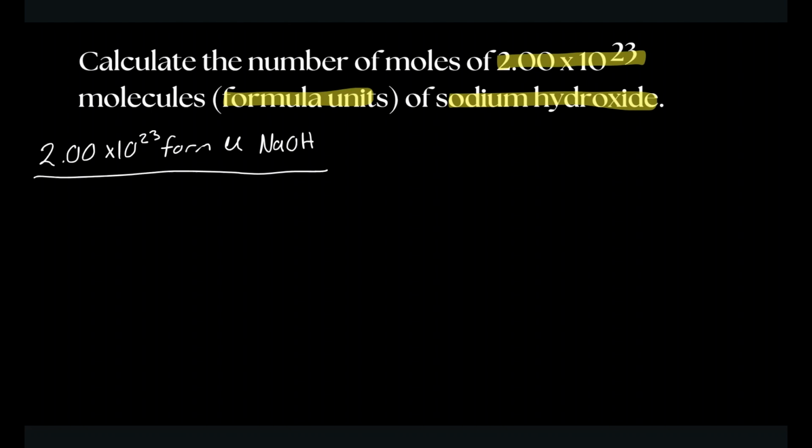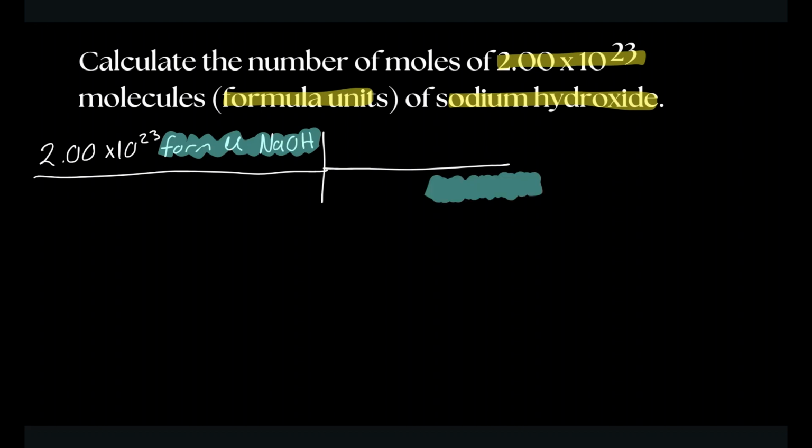Putting this into the setup, we have our formula units of our sodium hydroxide on top, which means that we're going to need our formula units of our sodium hydroxide on the bottom.